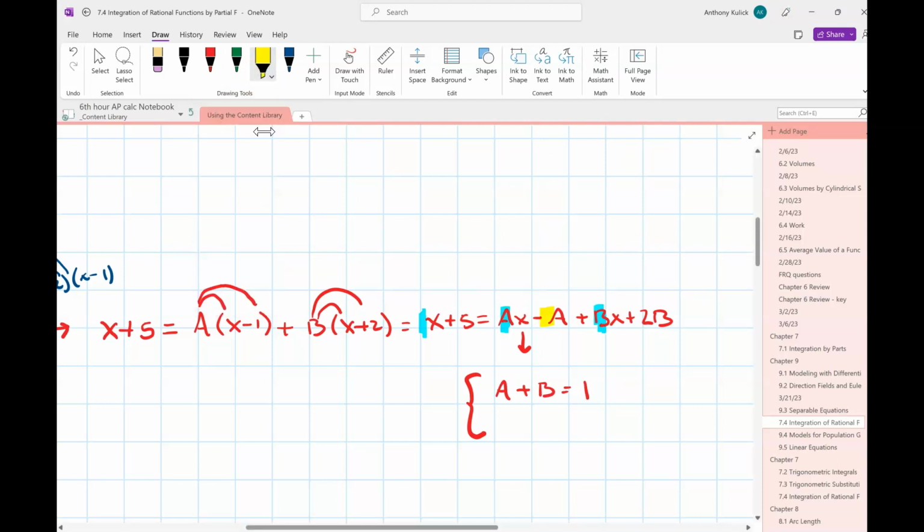And I know that −A + 2B has to give me 5. I now can solve that system to find the values for A and B.